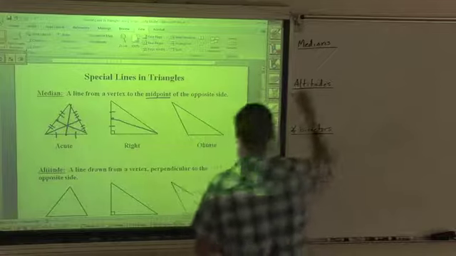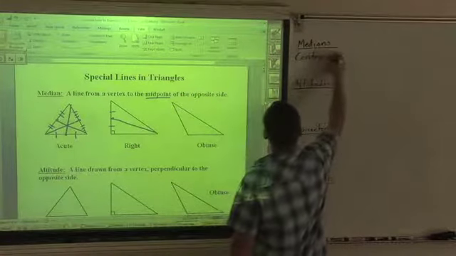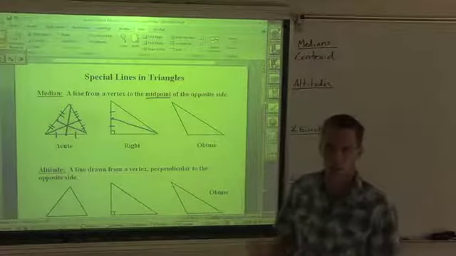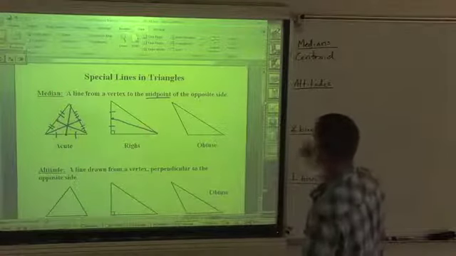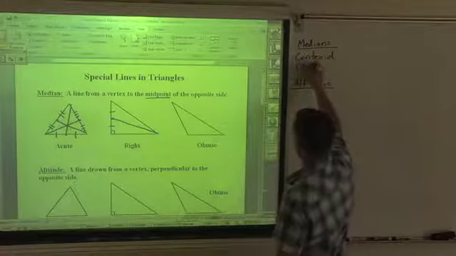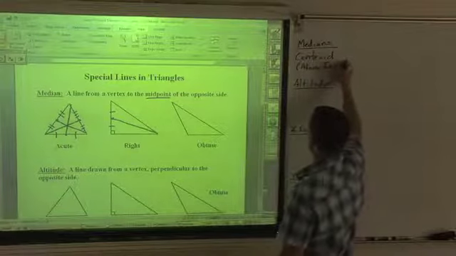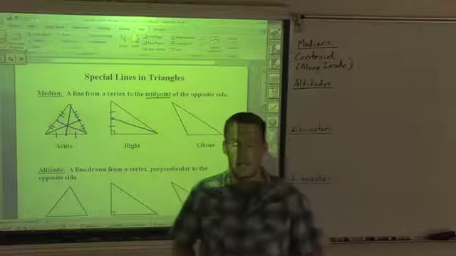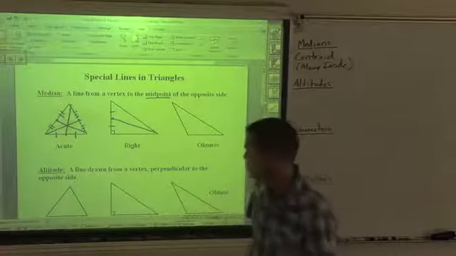That point is going to be called the centroid. The centroid of a triangle is its balance point, and we'll be talking about this more in class. It is always inside the triangle. The centroid, or the meeting point of the medians, is always inside the triangle.